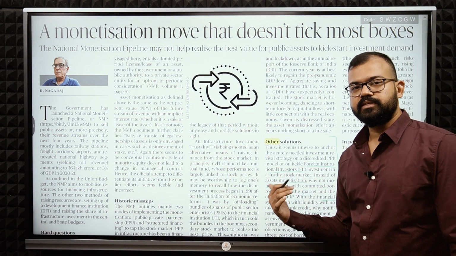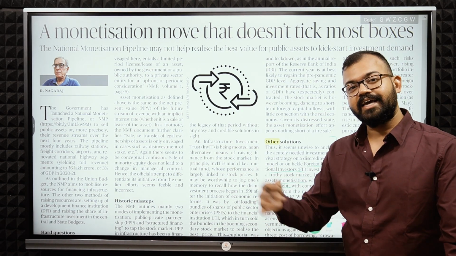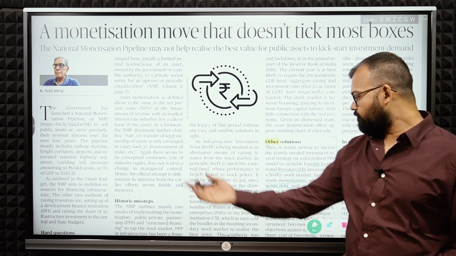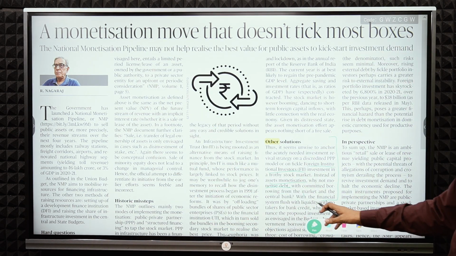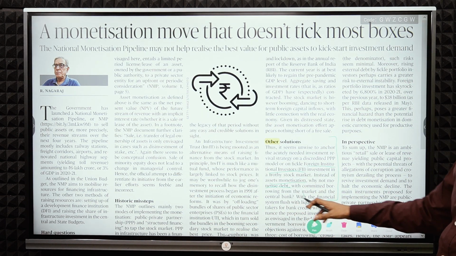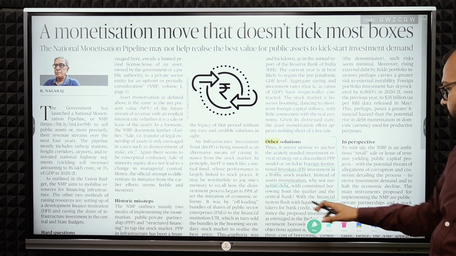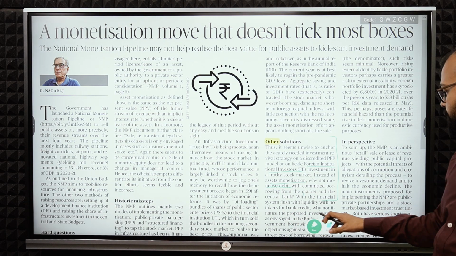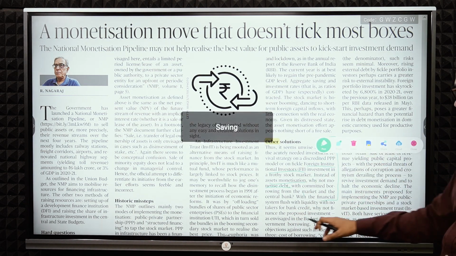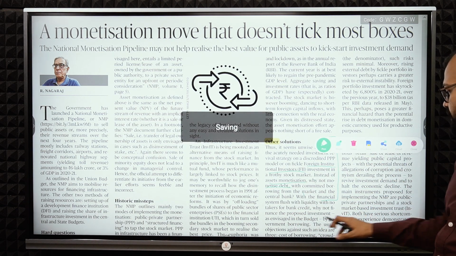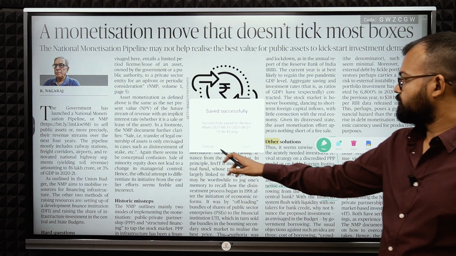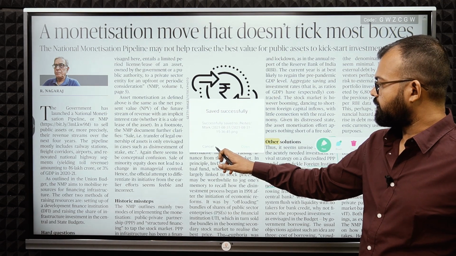Why not do this kind of solution? Why not monetize your debt, which is more vital, because debt will be outstanding and go on for ages. With the financial system flush with liquidity and no takers for bank credit, why not finance the proposed investment envisaged in the budget by government borrowing? So why not use government borrowing? This is what it is saying.